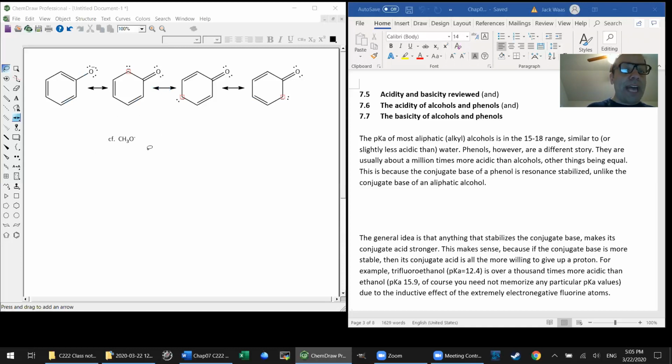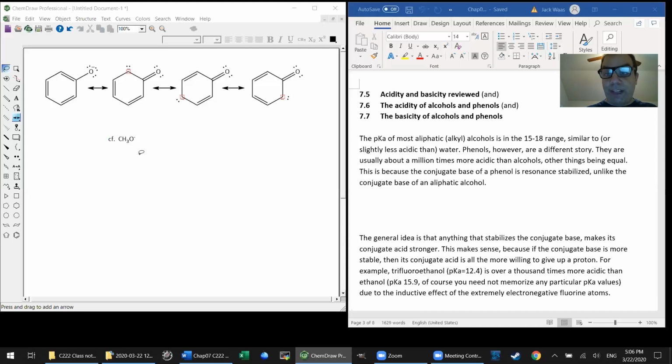If you compare that to an alkoxide ion like methoxide, and I could have picked ethoxide or any other alkoxide ion, here the minus charge is localized on that oxygen. All three lone pairs on that oxygen give it a formal charge of -1, and it's on that oxygen that all of the minus charge sits. Now granted, it's much better to have minus charge on oxygen than on a lot of other atoms.